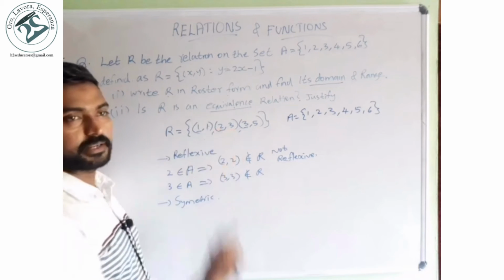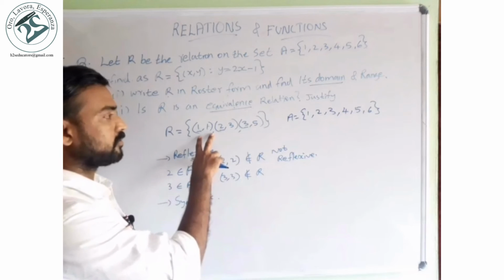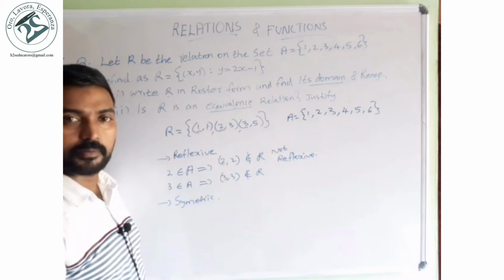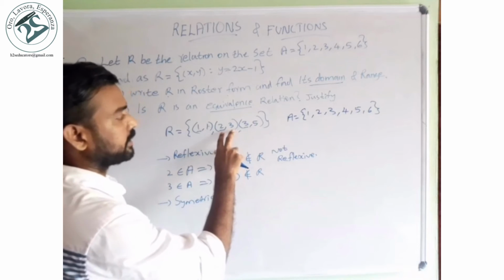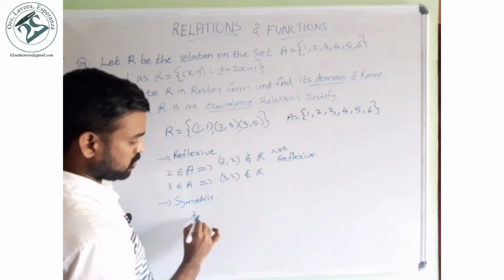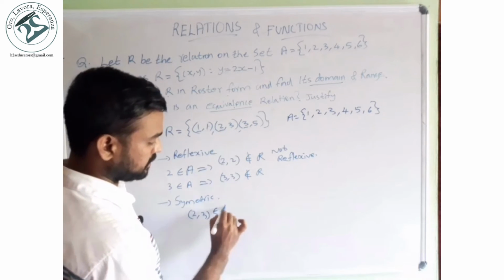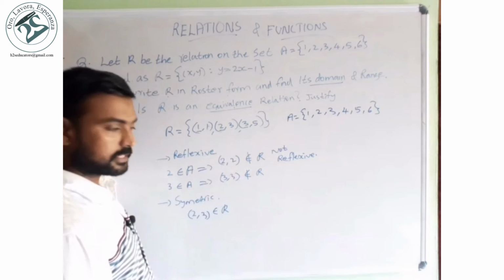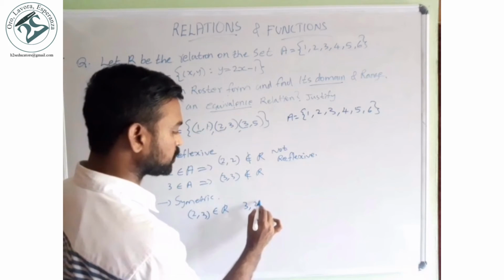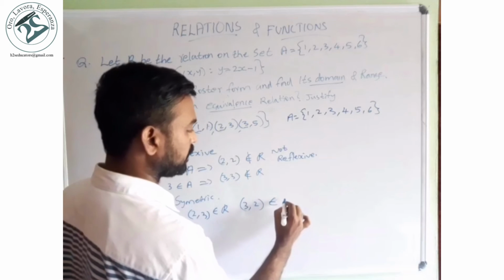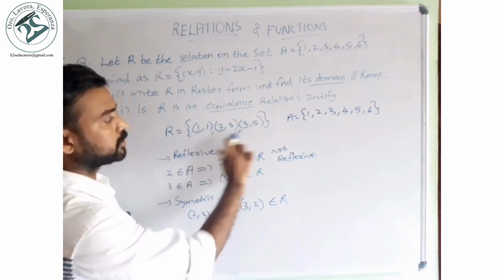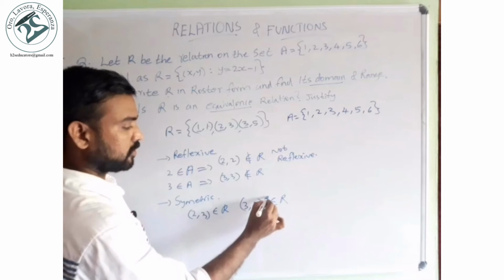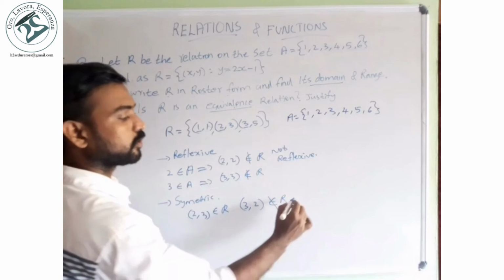These are different elements. Here (1, 1) in reverse order is also (1, 1). If it is symmetric, you select these non-similar elements (2, 3). Here (2, 3) is an element in the set R. In such cases (3, 2) also needs to be present in the relation. But here (3, 2) does not exist. So it does not exist, which means not symmetric.